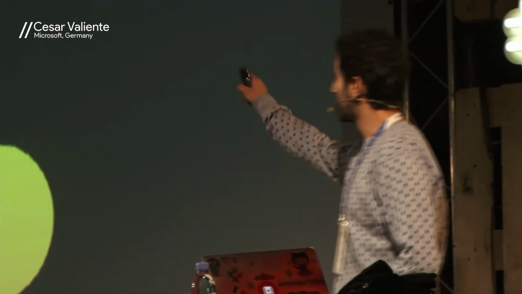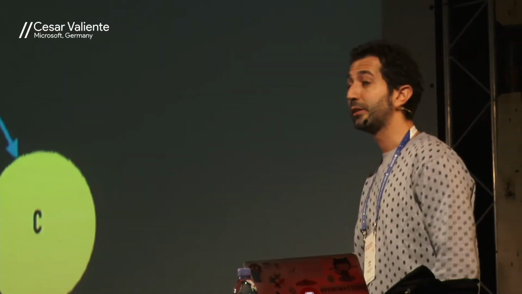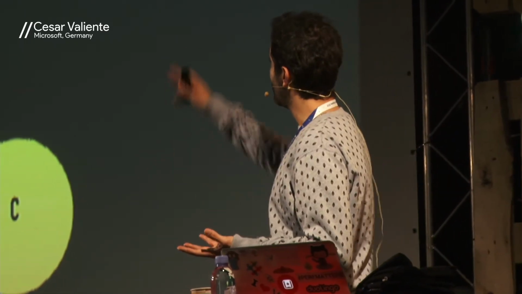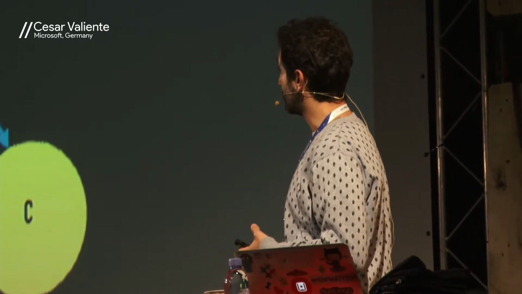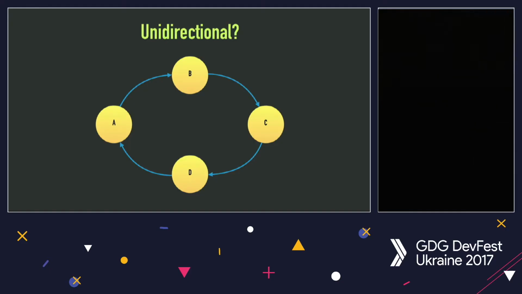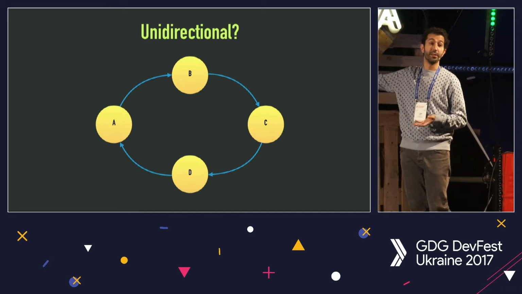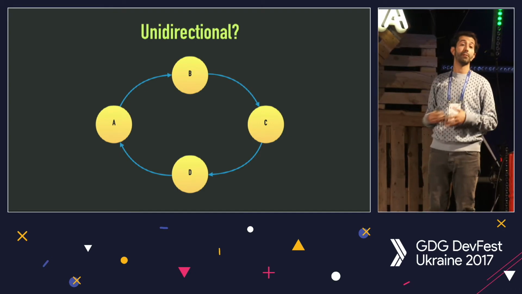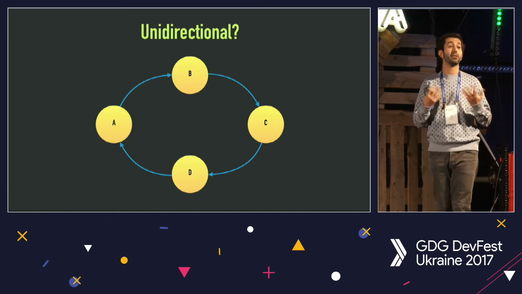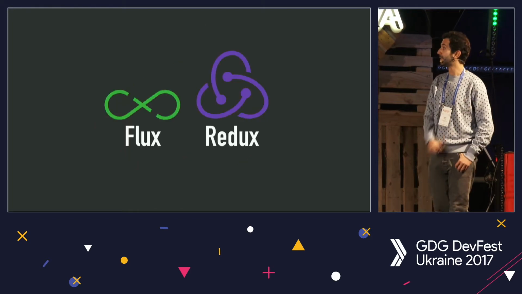For instance, if we want to cover everything, we can go from A to B, B to C, C to D, and D to A. And we are covering all circles, no? So we are not having loops here. We cannot go from A to B and then B to A. We cannot go from A to C directly. If we follow that, we always have to follow this direction, and then we are unidirectional. So we always go straight, okay?